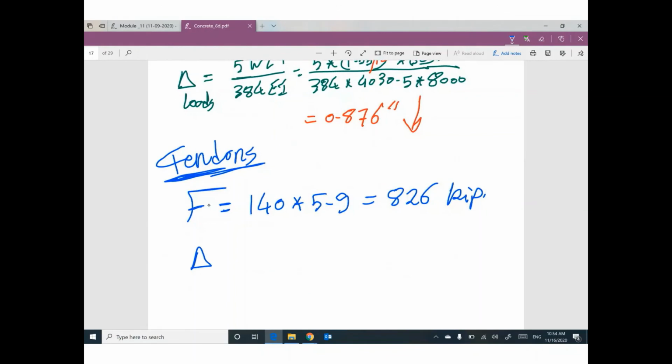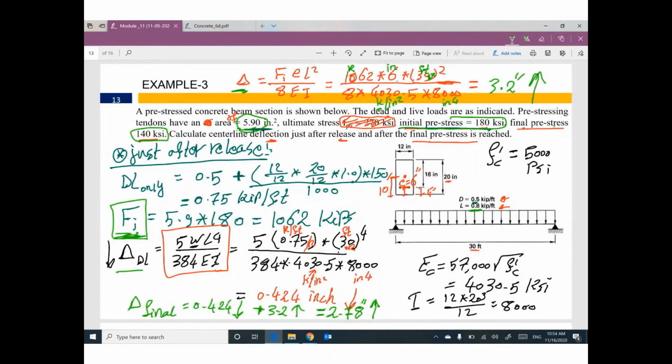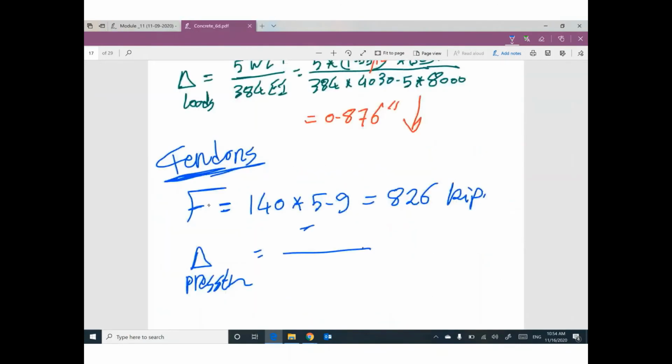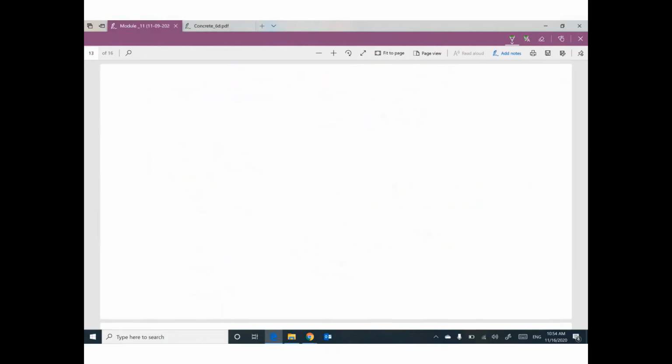Your deflection due to pre-stress equals, do you remember that one? FEL square divided by 8 EI. So the F is 826, eccentricity is the same, 6.